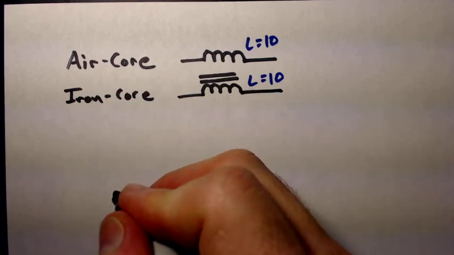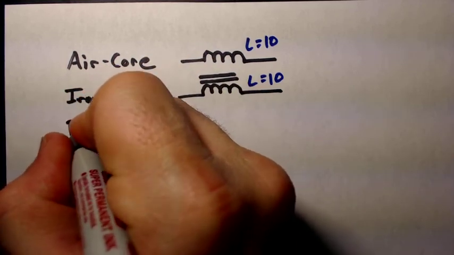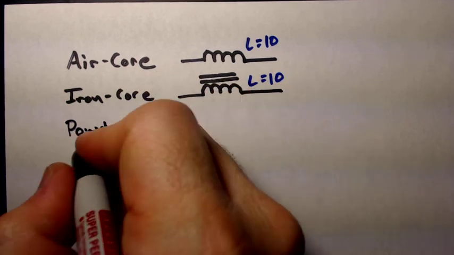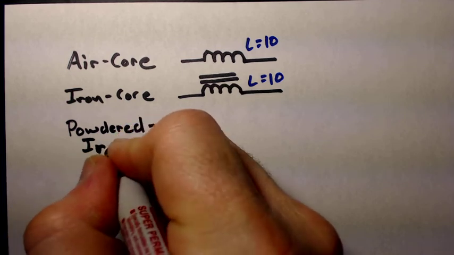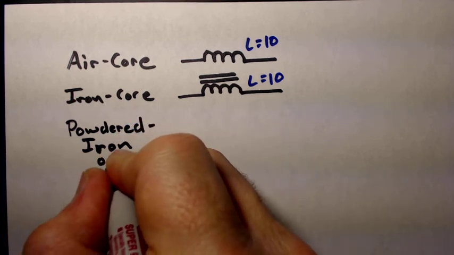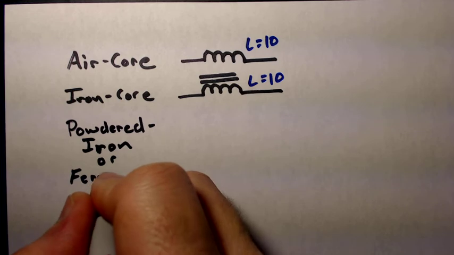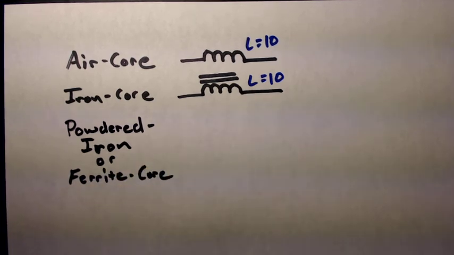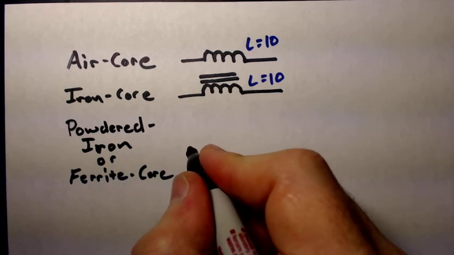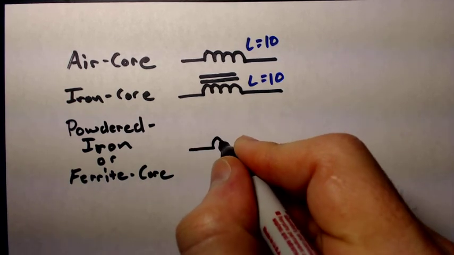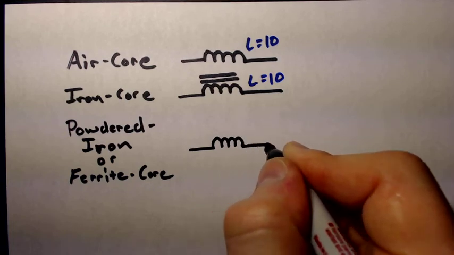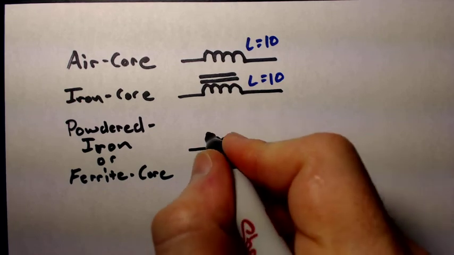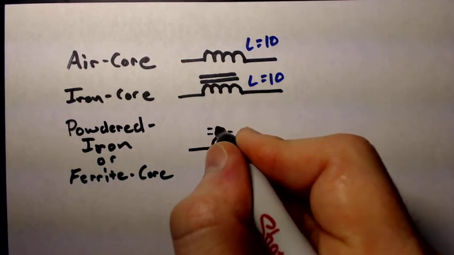Okay, another type of inductor you're going to see is the powdered iron or ferrite core. Same thing, the inductor symbol, except instead of 2 solid lines, you're going to get 2 dashed lines.